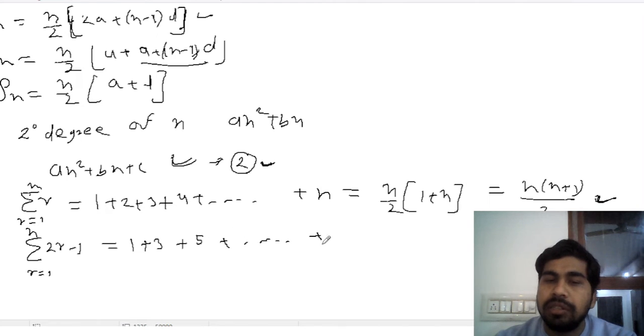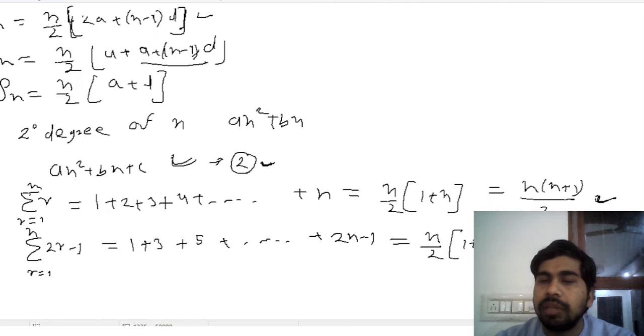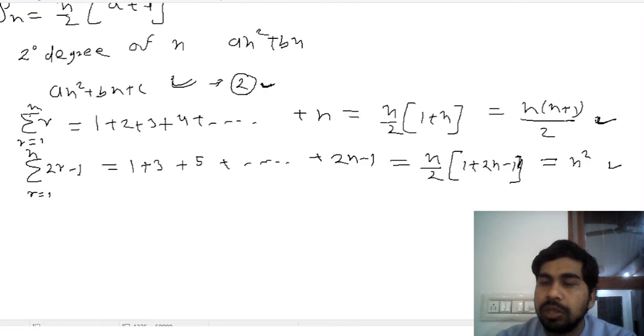And further, the last term is 2n minus 1. So we can write it as n by 2 times first term plus last term. We can see that 1 and 1 cancel, 2 cancels with 2, and this becomes n square. This is also an important result.